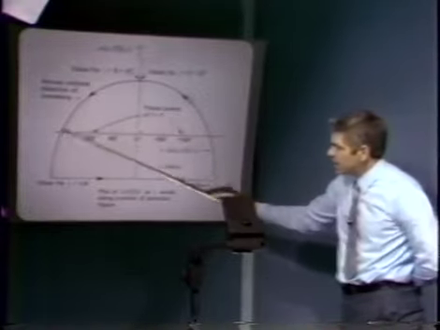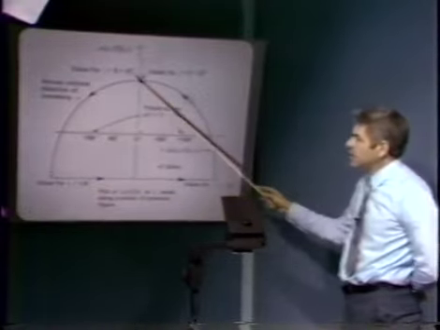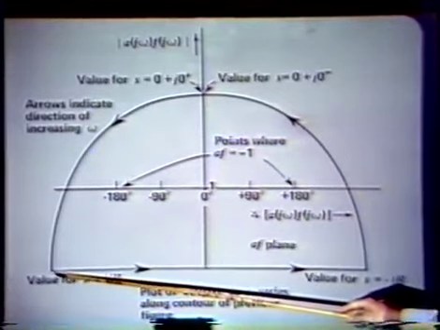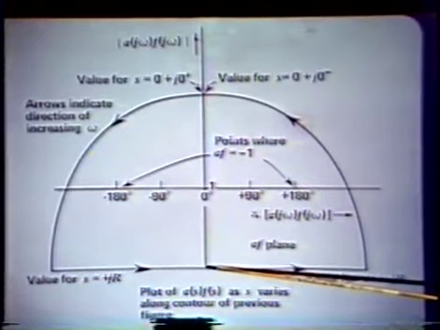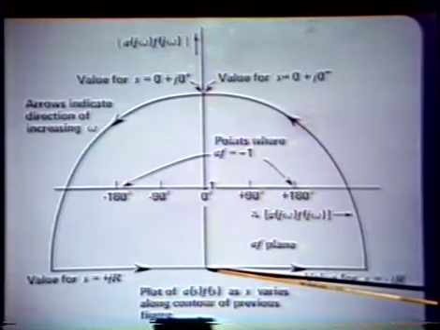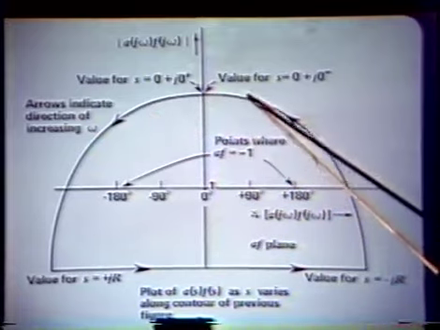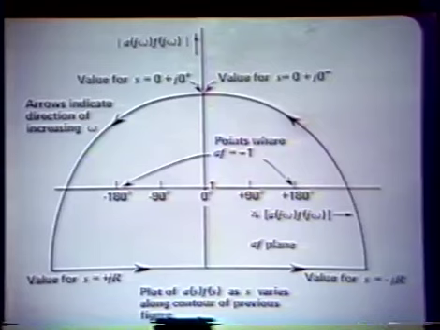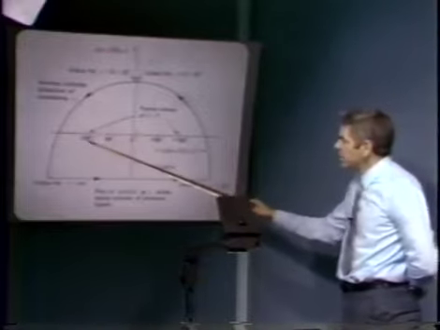In other words, once we've plotted the first half of the curve starting at s equals j0 plus, going out to s equals jr, and then continuing along a large semicircle back to a point that corresponds to the positive real axis at a radius r from the origin, once we've drawn that much of the curve, the rest of the curve has to be a mirror image of this left-hand portion, reflecting the fact that the poles and zeros associated with the AF product have to occur in complex conjugate pairs.